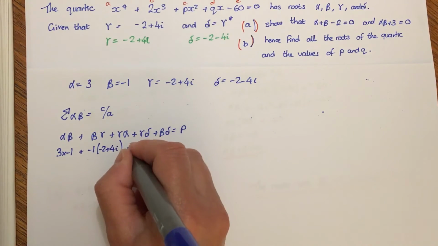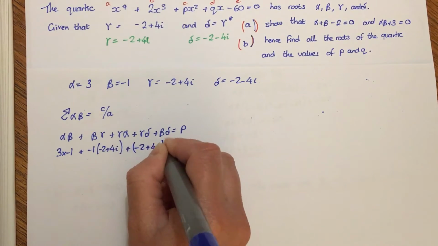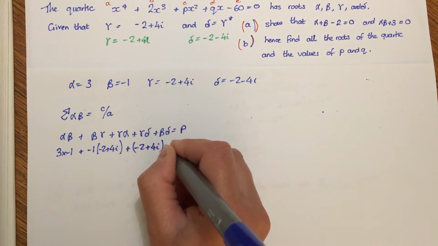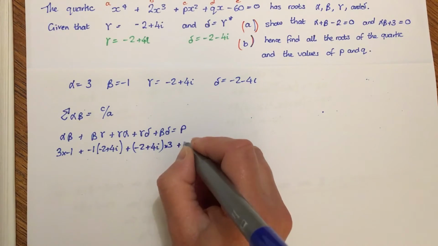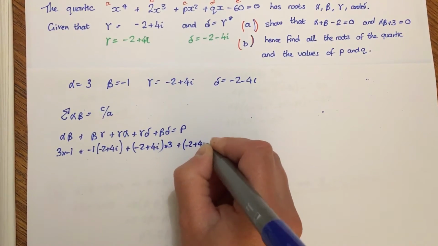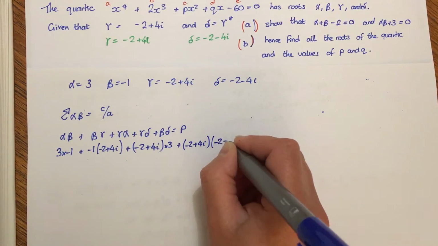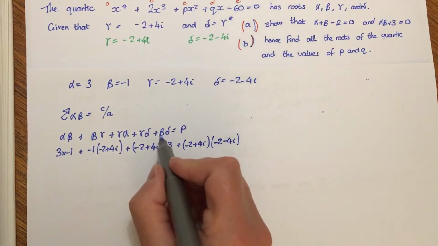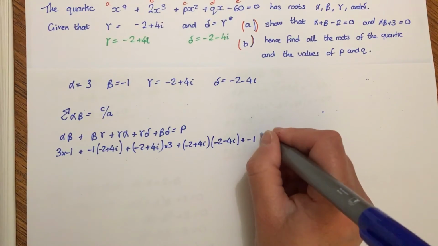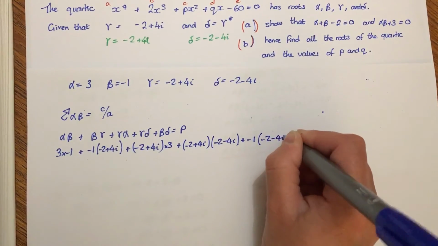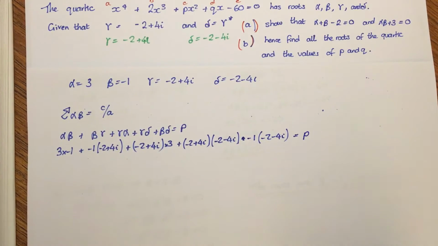Gamma is minus 2 plus 4i. Alpha is 3. Gamma is minus 2 plus 4i. Delta is minus 2 minus 4i. And beta is negative 1. And delta is minus 2 minus 4i. We know that that's equal to P, so it's just a case of multiplying that out.